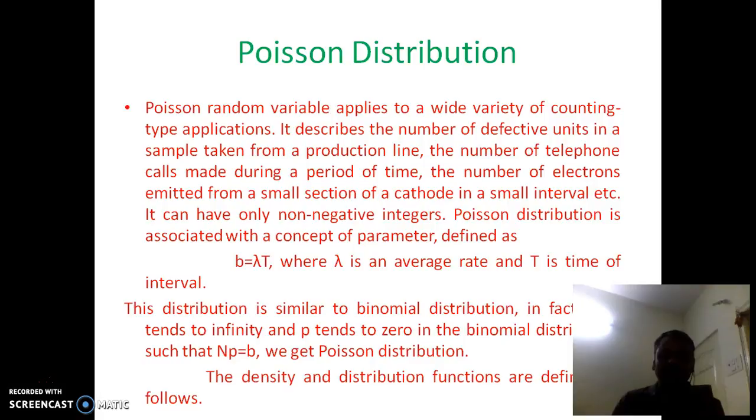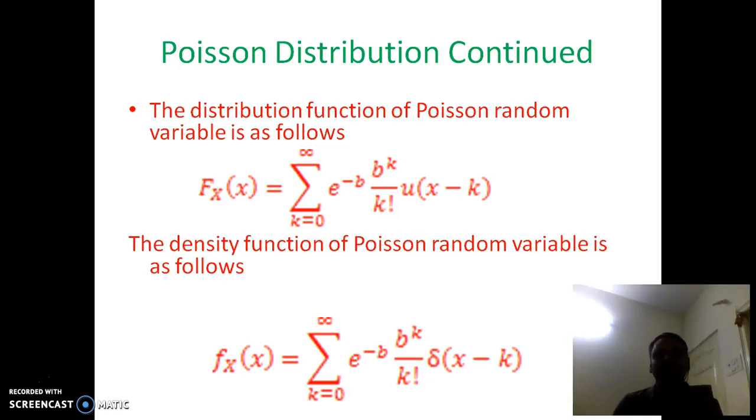The density and distribution functions are defined as follows. The distribution function of Poisson random variable is as follows. Fx of x is equal to sigma k equals 0 to infinity e to the power minus b, b to the power k divided by k factorial, u of x minus k.